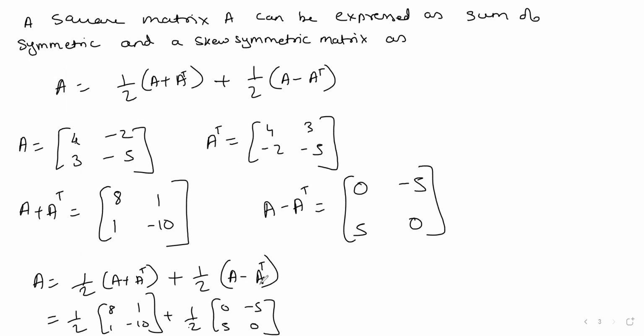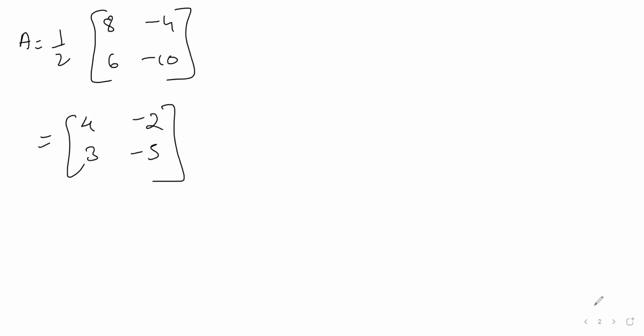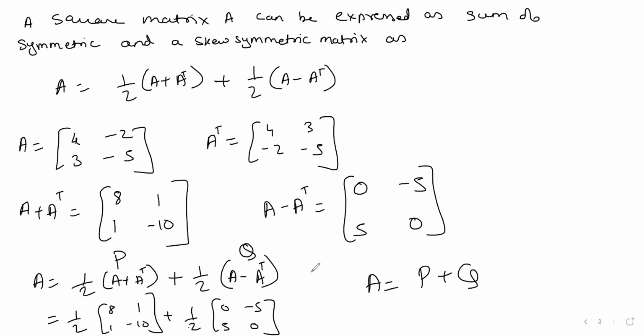And there is one way to represent this: we call this P and this Q. So A is shown as P plus Q. This is also one method and this is another method, but by this method it is proved that whatever was given is verified.